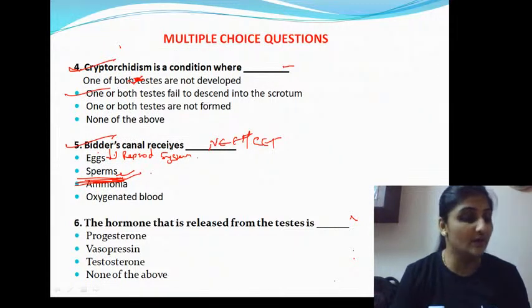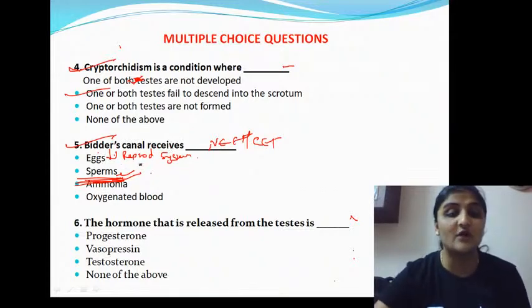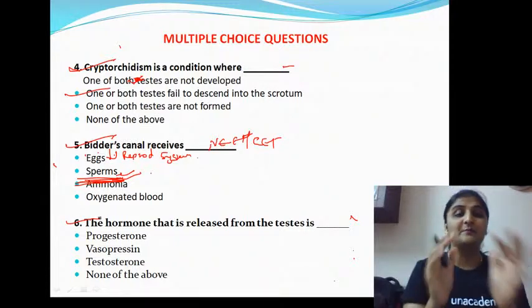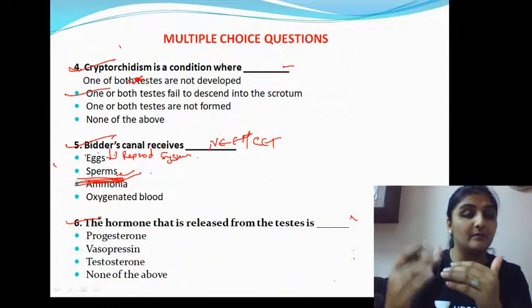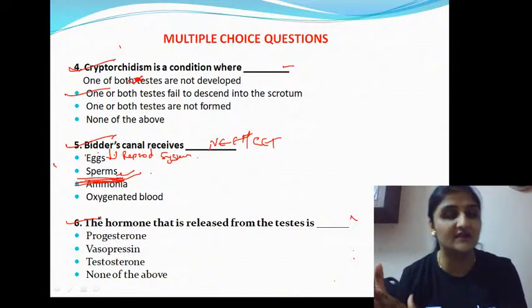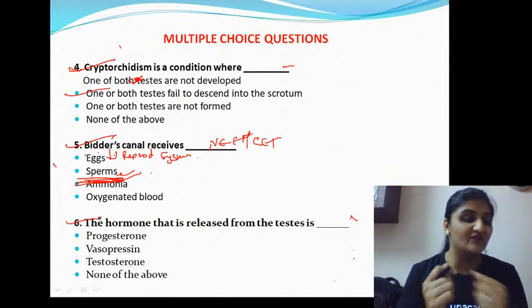So quickly we will move to the next question: the hormone that is released from the testes. I'm sure everybody is aware of this. These are the basic things which you should understand, and then slowly the difficulty level increases, right? I am hoping everybody answers.